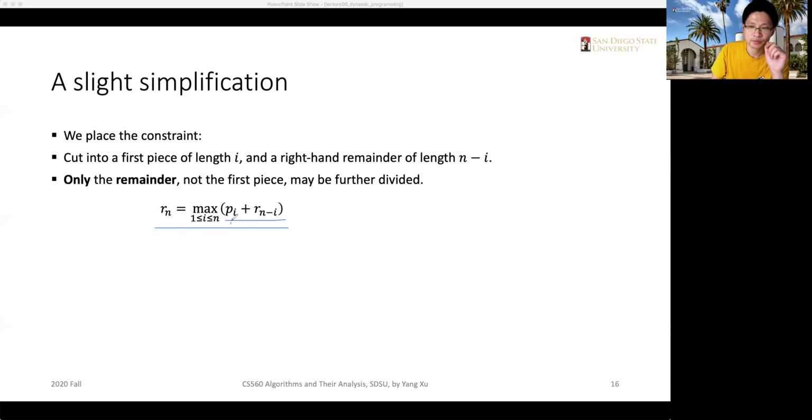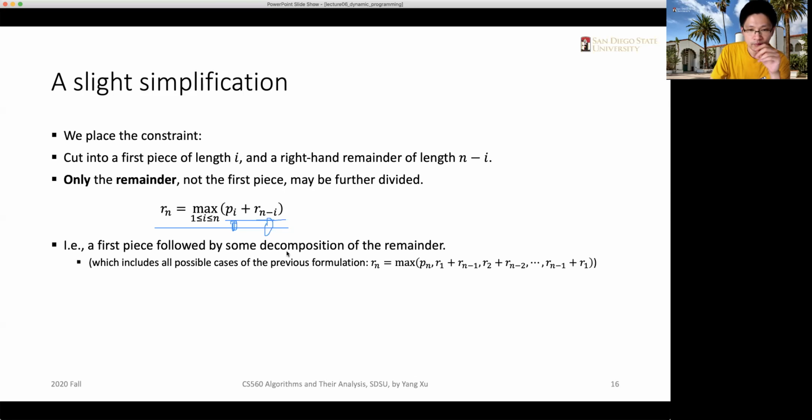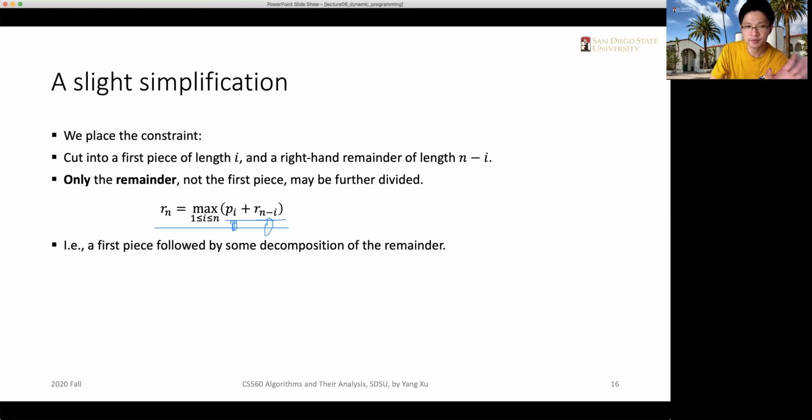The first piece of length i, which we don't cut anymore, and the remainder part, which is of length n minus i, which we may place further cuts on. So it's a first piece of sub-rod, followed by some decomposition of the remainder.